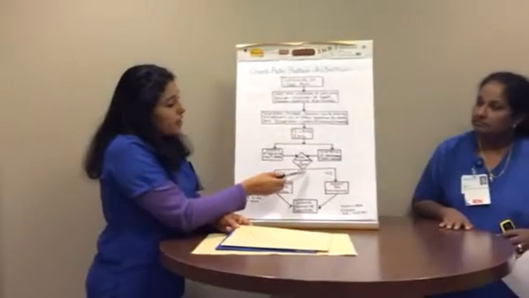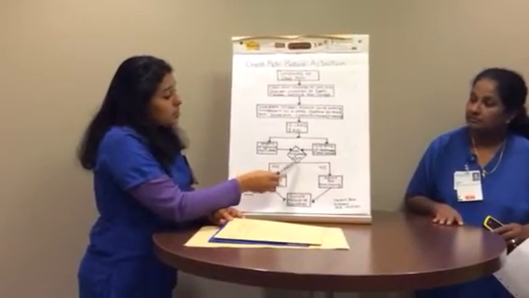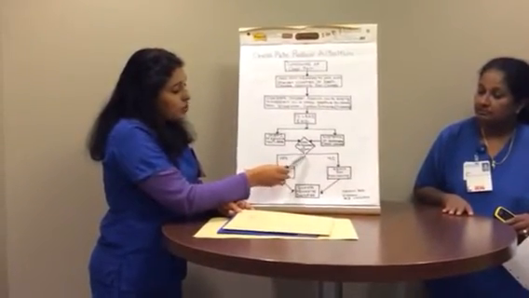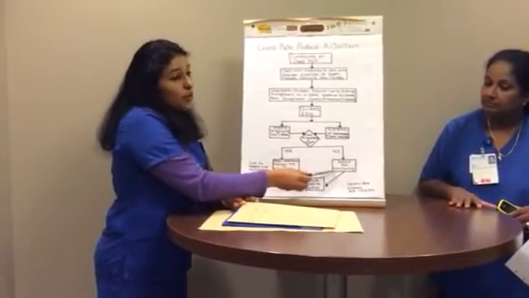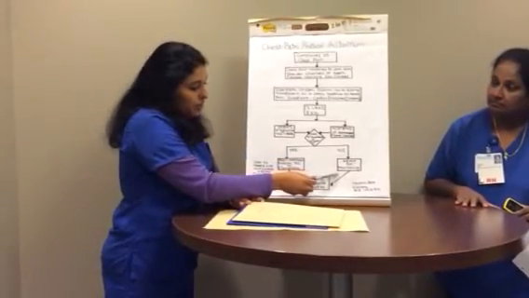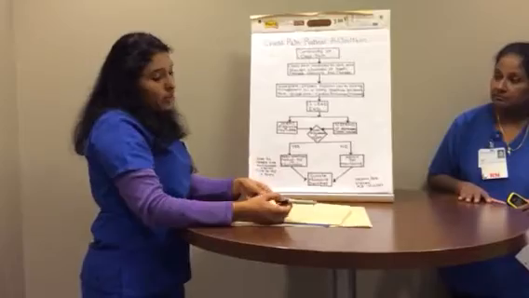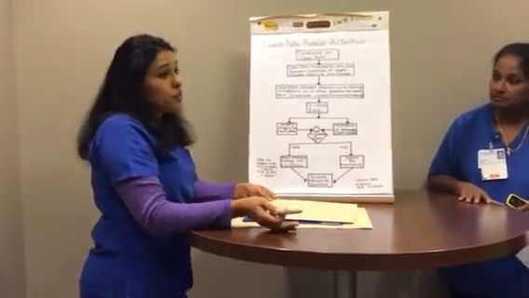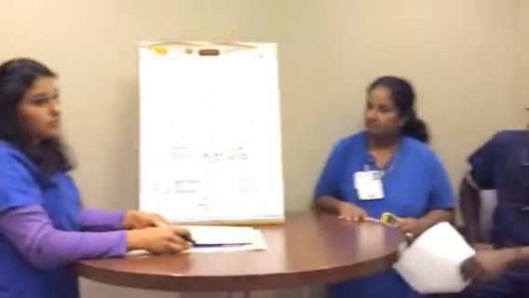If it's a non-STEMI, and the onset is less than 12 hours, you don't do anything, you just monitor the patient. What are the things you monitor? Any idea? We see whether the troponins are elevated, because we do the first set of cardiac enzymes, but you do two more sets.